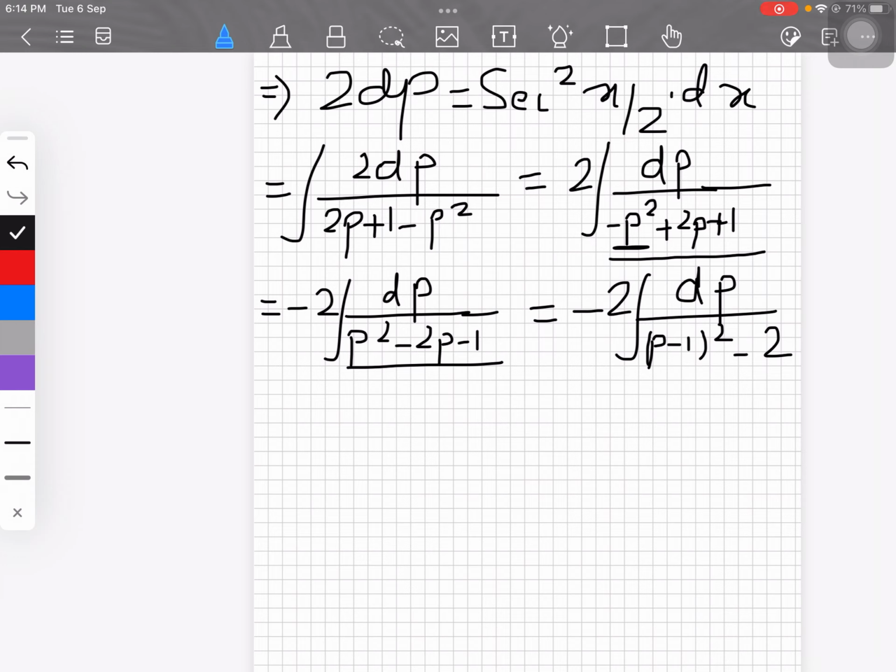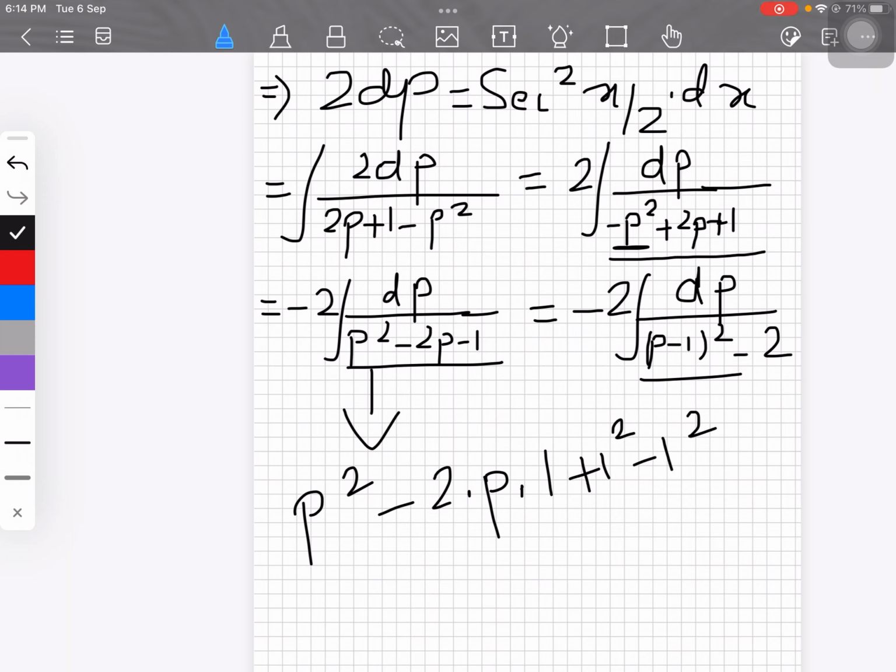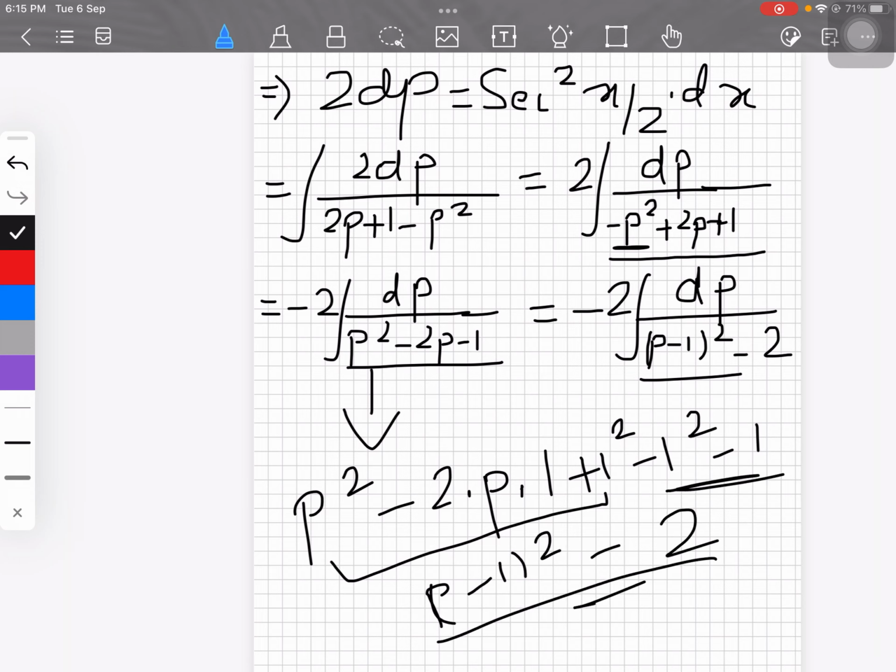How this can be written: remember the formula a square minus 2ab, which is very important, so we add 1 square and subtract 1 square, they cancel each other out, and minus 1 is what we have from the beginning. These two can be written as p minus 1 whole square, then adding the minus 1 you get minus 2. This is how you get it.